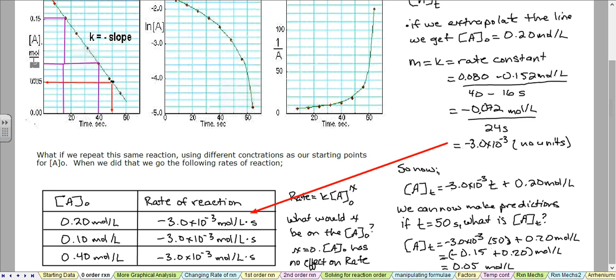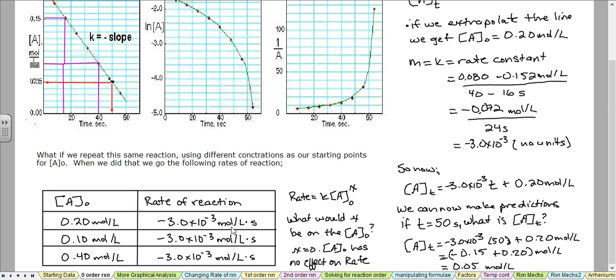So when we take a look at the relationship between our rate and the concentration of our reactant, we want to determine what x is up here, because depending on what x is, that will let us know what effect that reactant has on the reaction.